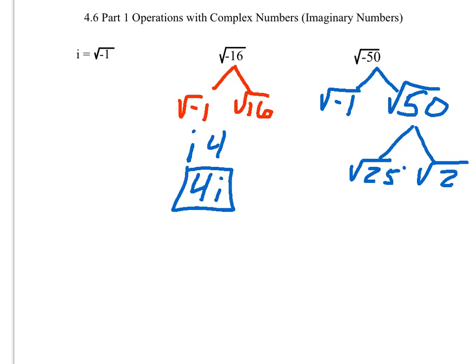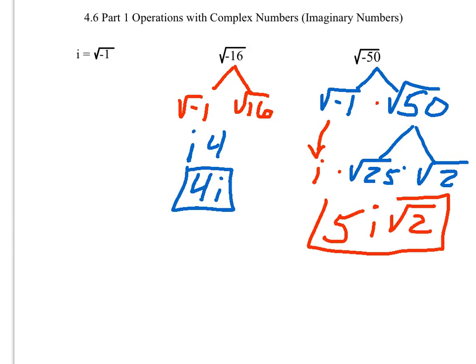So this whole time we have been multiplying, so this square root of -1, or i, just follows down with it. So we have i times the square root of 25 times the square root of 2. Well, the square root of 25 we know is 5, so we have 5 times i times the square root of 2. And there it is, broken down as much as you can make it.